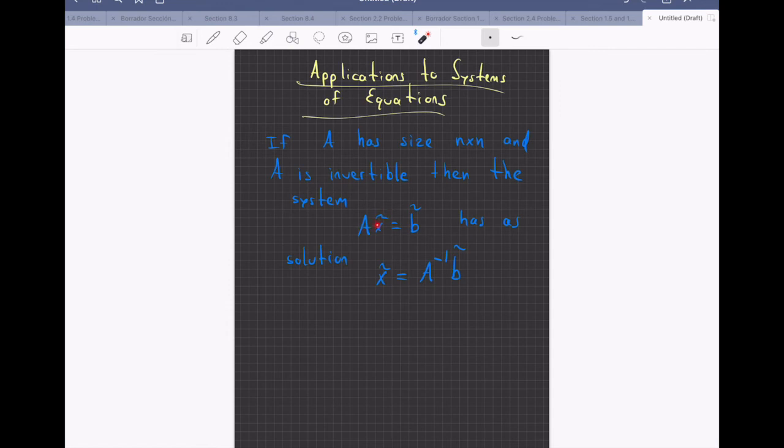This A, X, and this B with this symbol, all of them are matrices. So here I'm talking about one equation involving matrices. This says that if you have a system of equations and this matrix A has an inverse, then you can find the solution only by multiplying A inverse times B. Of course, I will show you one example.